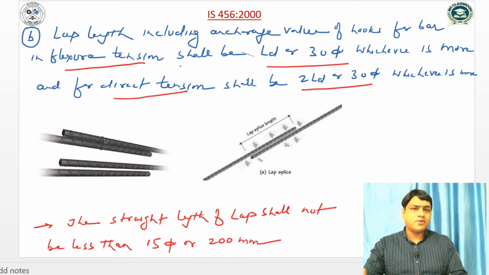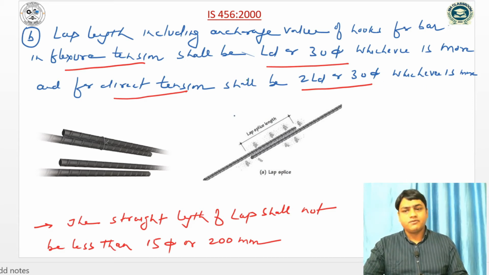So for flexural tension we have to take the value including anchorage value, so it will be the development length or 30 times the diameter, or in case of direct tension it will be 2 times the development length or 35 phi, whichever is more.